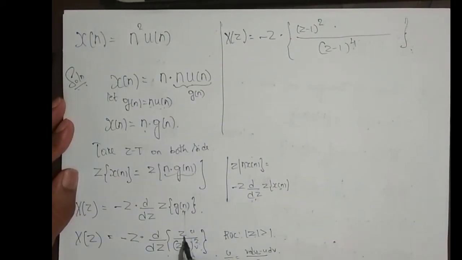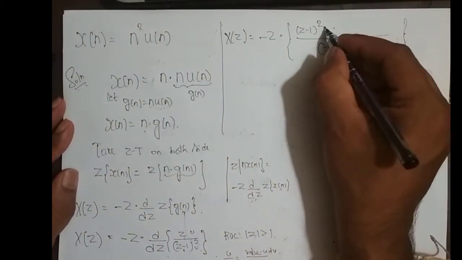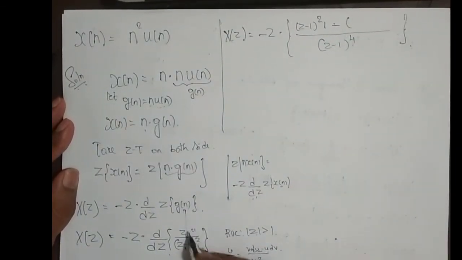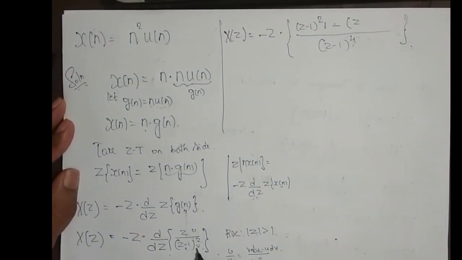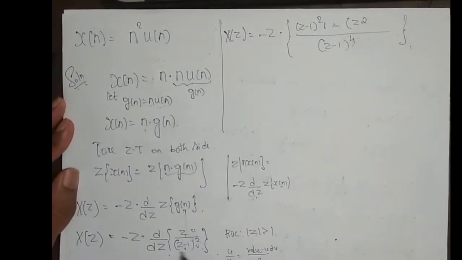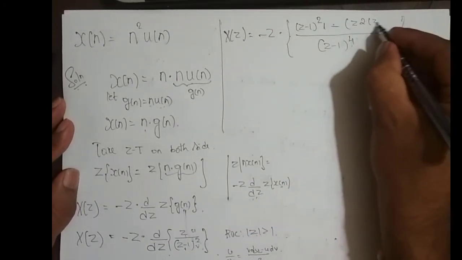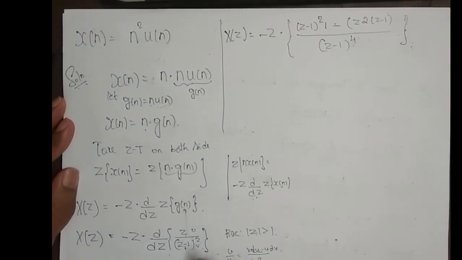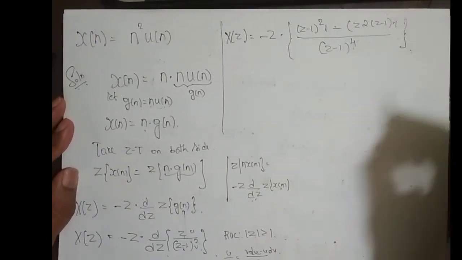The differentiation of u is z, so the differentiation of z with respect to z is 1. Minus u, what is u? It is z into the differentiation of v. What is the differentiation of v? It is 2 times, the differentiation of (z minus 1) whole square with respect to z, which is 2 times (z minus 1) into the differentiation of (z minus 1), which is 1 minus 0, which is 1.